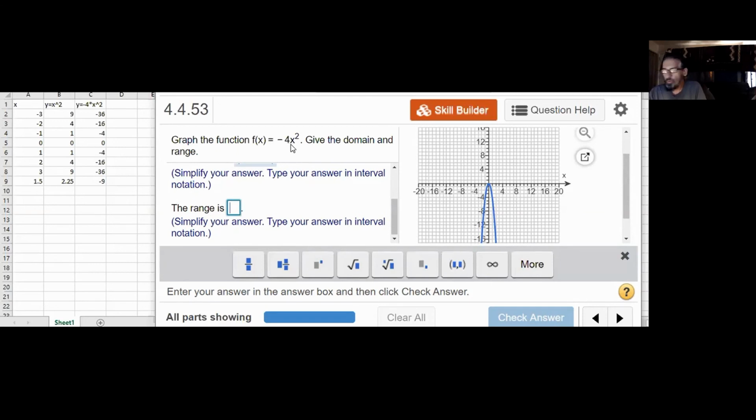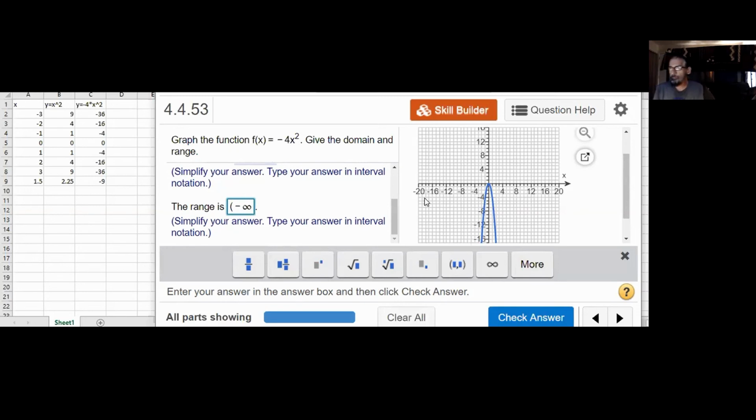This can get as low as we like by picking an x value with an absolute value as large as we like. Then when you multiply by -4, we're going to have negative numbers with huge absolute values, as huge as we like. So this is headed towards negative infinity.